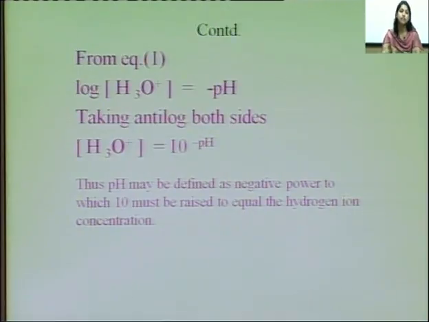Taking the anti-log on both sides, we get the hydronium ion concentration is equal to 10 raised to power minus pH. Thus, the pH may be defined as the negative power to which 10 must be raised to equal the hydrogen ion concentration.